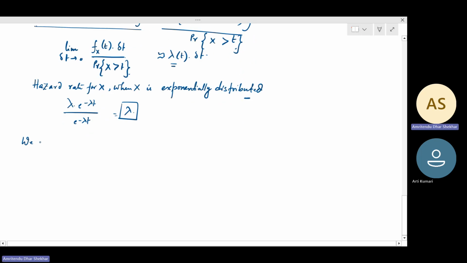We can recover the distribution from the hazard rate.